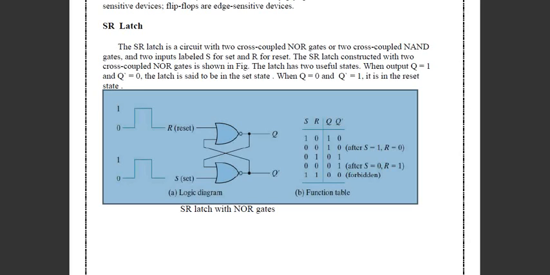For 0 0, the generation of Q is 1 and Q naught is 0, and so on. Lastly, when we have the input 1 1, then we get the output 0 0 because they have a NOT gate in front of them. That is why 1 is turned into 0 and 0 is turned into 1.